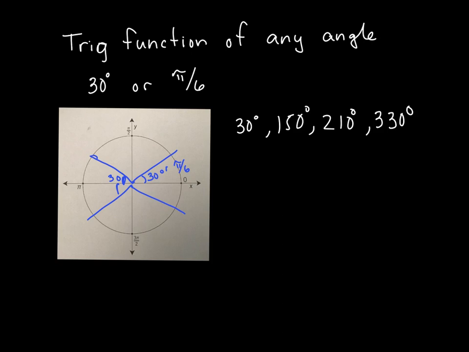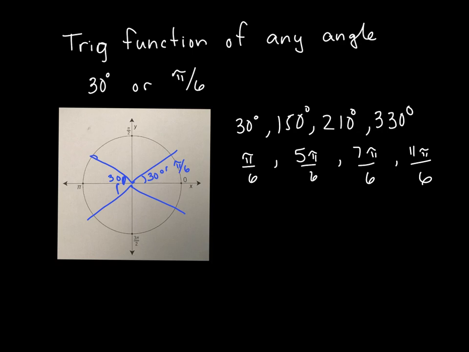And for pi over 6, the reference angles that you're going to have start at pi over 6, then 5 pi over 6, 7 pi over 6, and finally 11 pi over 6. All of those are going to have the same point on the unit circle.